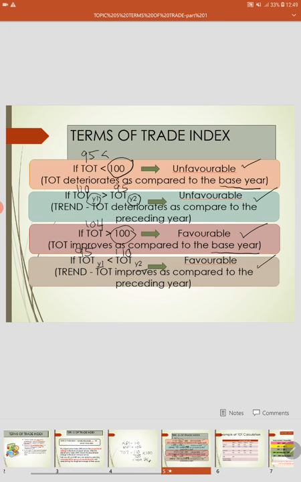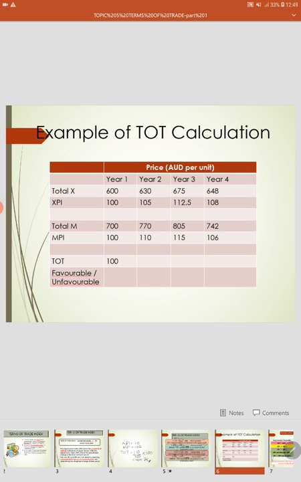We can look at another example here. In this example, we have years 1, 2, 3 and 4. XPI for year 1 is 100, MPI is 100, TOT is 100. So year 1 is the base year. For year 2, you need to do a calculation.